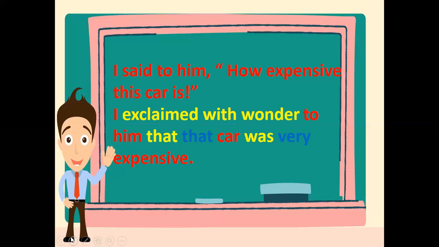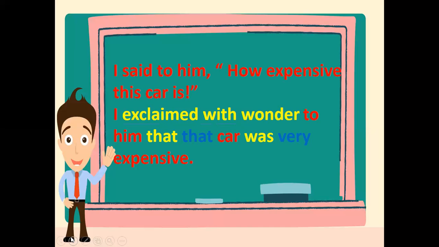So it will become this car is expensive. So now you will bring changes. This car is expensive. After expensive, the exclamation mark will also be out, and then this will be changed into that, and you will also add very to show the intensity. So it will be, I exclaimed with wonder to him that that car was very expensive.